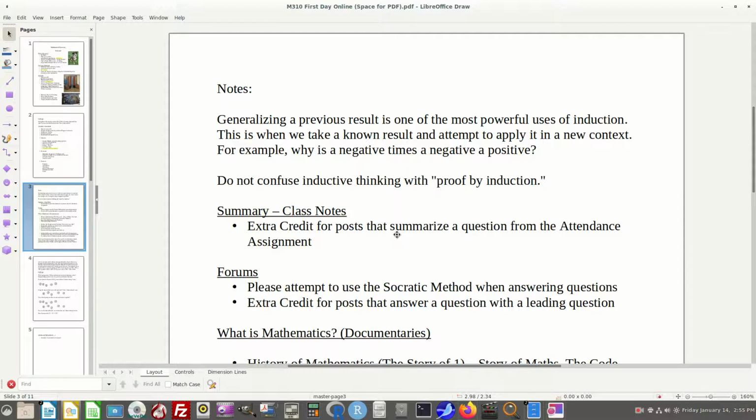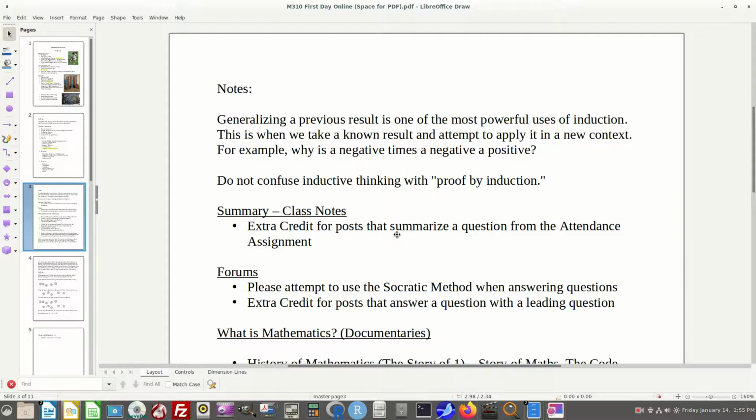Another note, don't confuse inductive thinking with a proof by induction. I mentioned proofs earlier as a part of deductive thinking, and we'll be doing some straightforward proofs, generally from number theory, numbers like even and odd. We'll be talking about their characteristics.